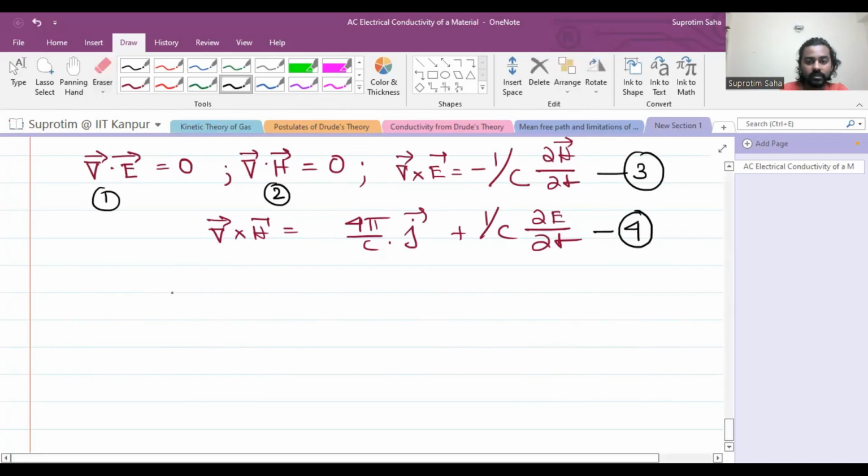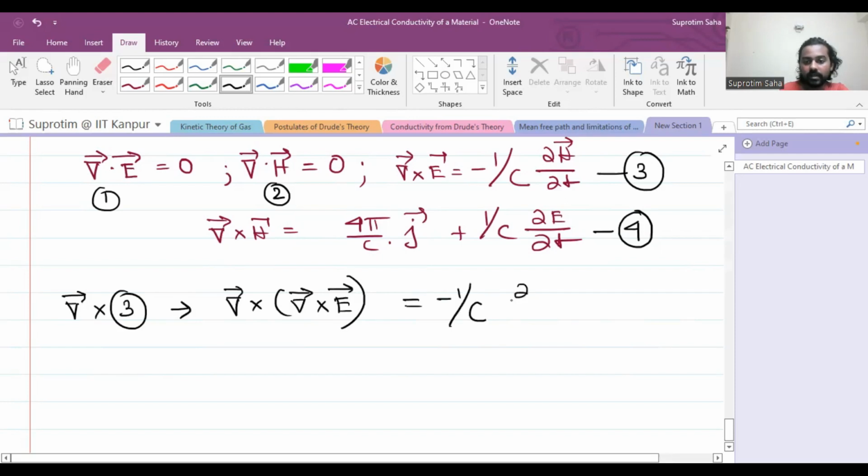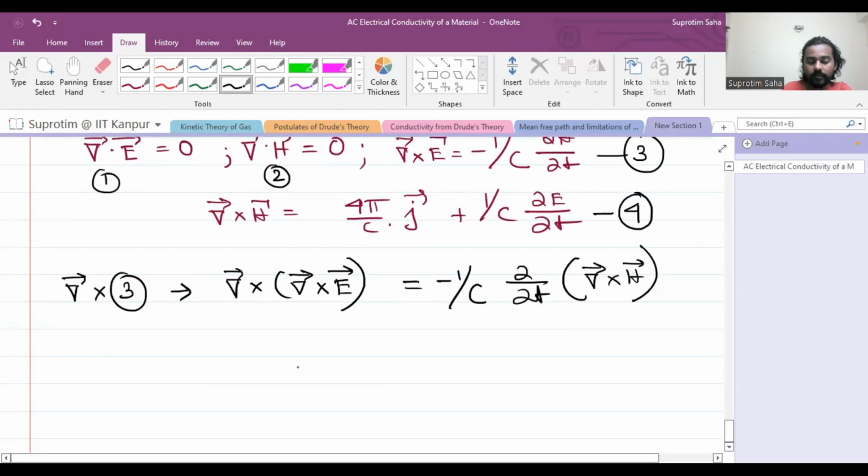So what I was supposed to write is curl of curl of E equals minus 1 by C time derivative of curl of H. You can interchange the spatial and the temporal derivatives.